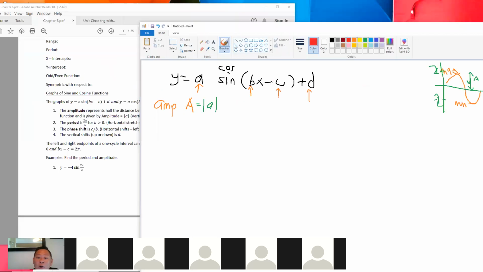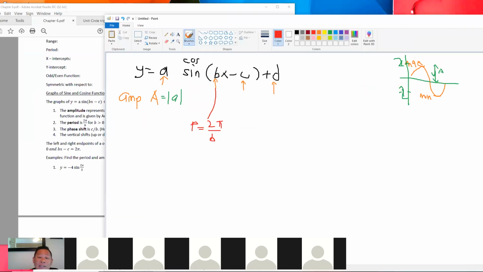The next one we have is B. B is what we use to find your period. Your period is given by the formula 2 pi over B. This is very important. B tells us the horizontal stretch and horizontal shrink.